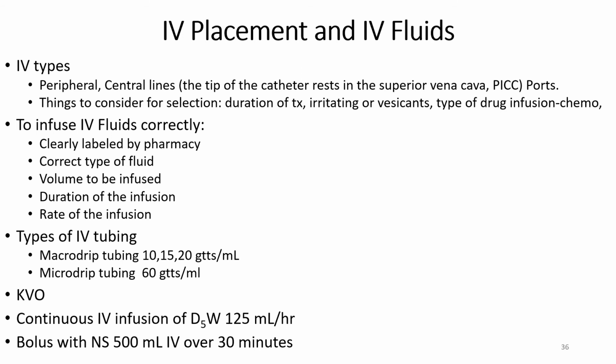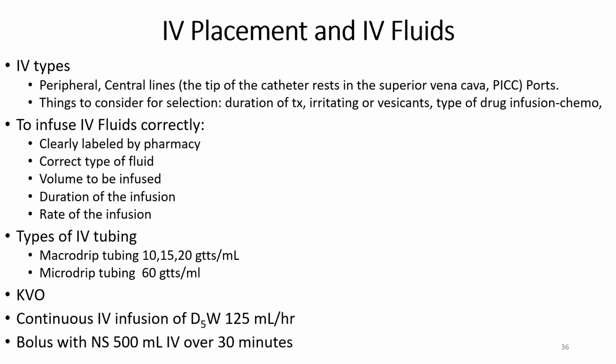And how painful and torturous is that for an infant to continue sticking them when you can place a central line and continue to use that for medication administration? Okay, you stick them one time, you insert it, and typically they'll last for a very long time.